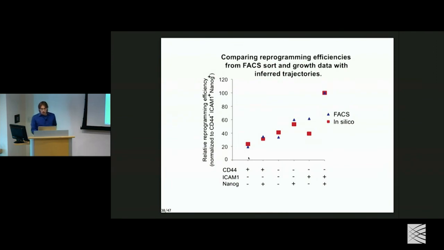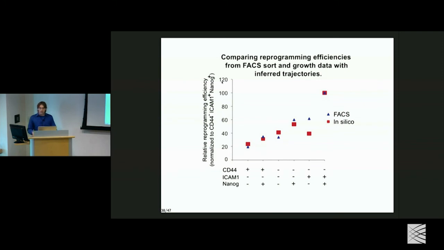And so why should we believe them? Well, we did a rudimentary check that they agree with what people actually saw in the past when they physically took a subset of cells and looked at the descendants experimentally. So you can take a subset of cells sorted out by FACS for different markers and then see how likely they are to become a stem cell.